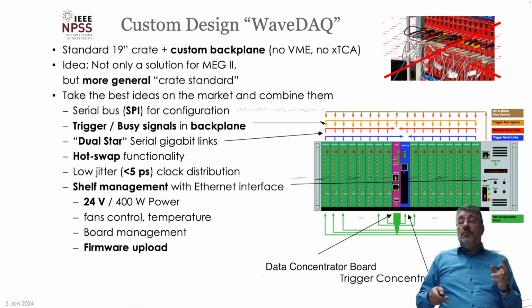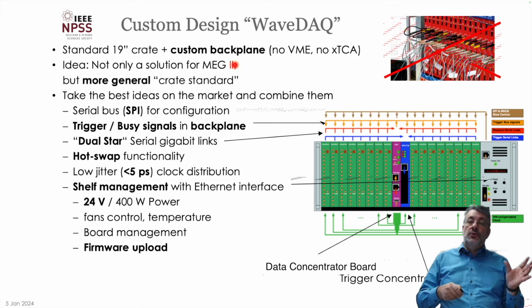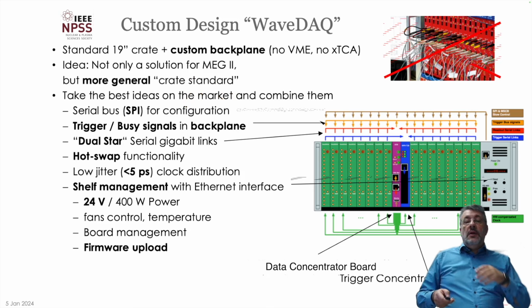My goal was not to make this specific to MEG II in any sense, but to be a bit more general, like a more general crate standard. So I took all the great things which are on the market, like the SPI serial bus for configuration. I put the trigger, the busy and the clock signals all on the backplane, which you can see here, so we don't need front panel cabling for daisy chaining.